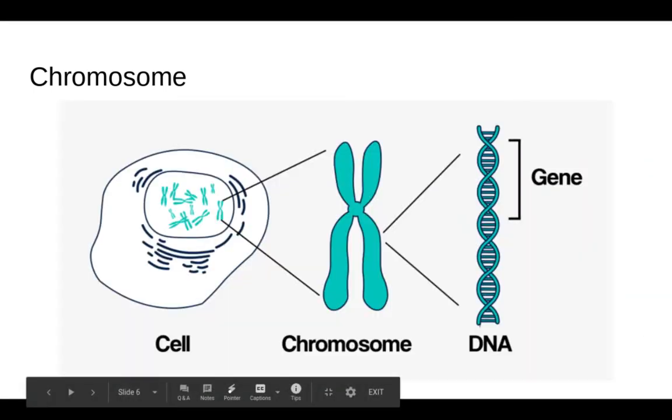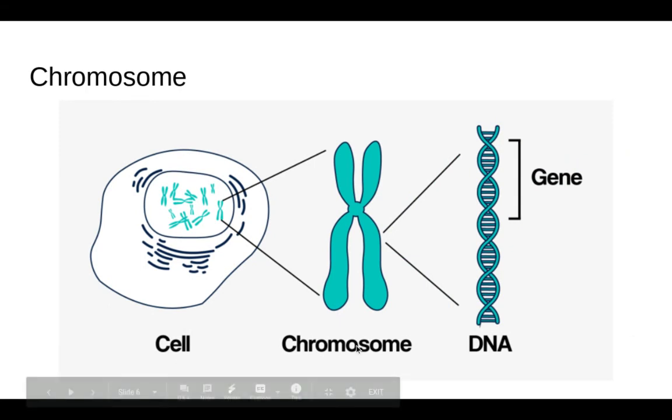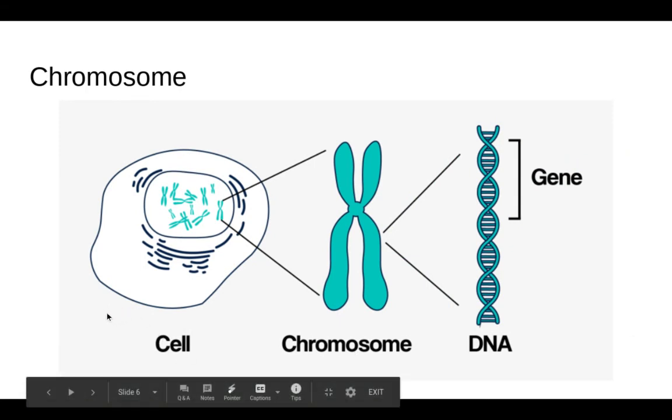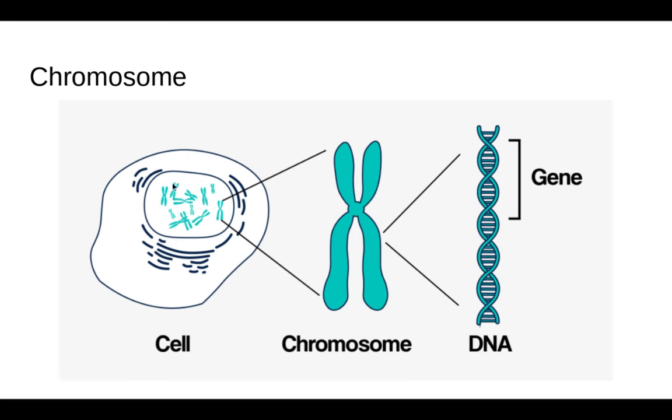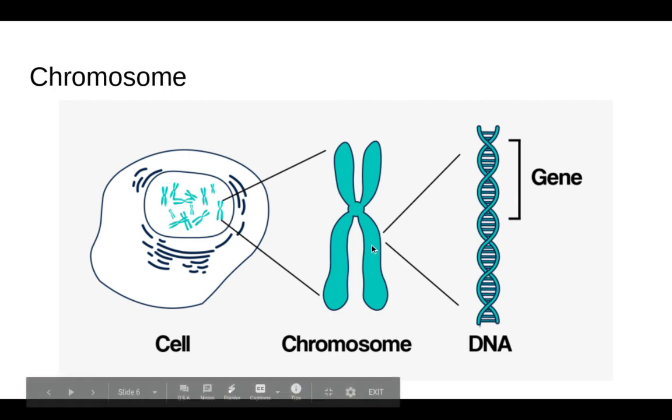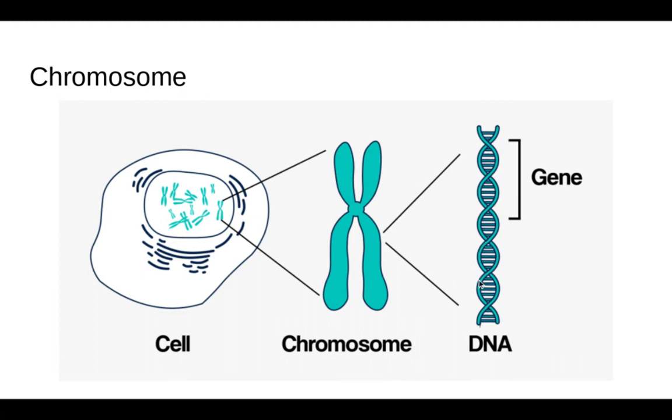Just got a little image here to show you. So let's start here. We know that our body is made of billions of cells, okay? And inside your cell, you've got a nucleus. And inside the nucleus, you've got lots of chromosomes, okay? So this is one chromosome here. You have more than one. If we look deeper into the chromosome, we can see that what it is actually made of is DNA.